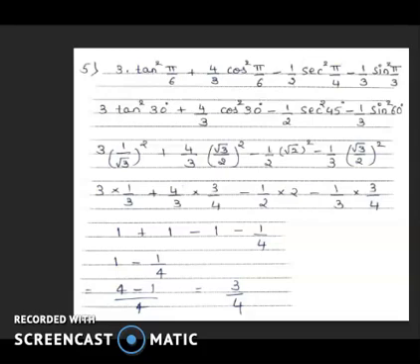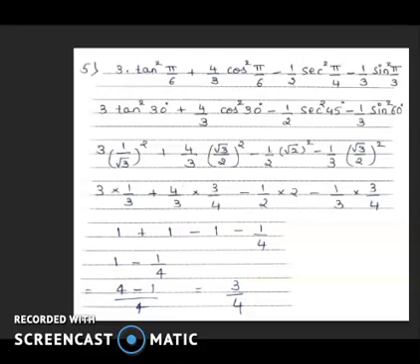Now substitute the angle values in this step, that is 3 into tan of 30 degrees, 1 by root 3 square, plus 4 by 3 root 3 by 2 the whole square, minus 1 by 2 root 2 raised to 2, minus 1 by 3 root 3 by 2 the whole square.